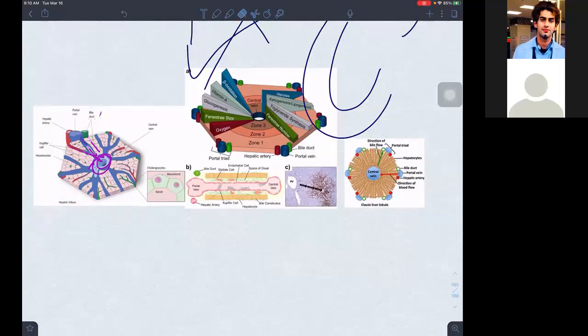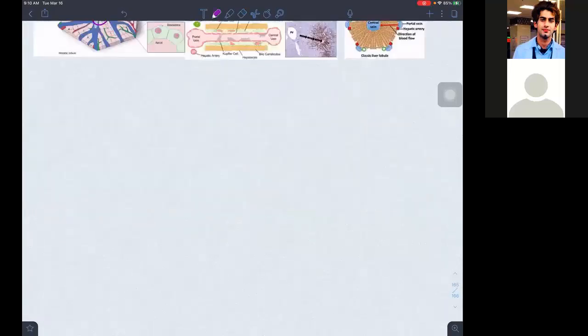Now they gave us models of the liver. Let us talk about some models of the liver. What are the models of the liver? They said one is the classical hepatic lobule.